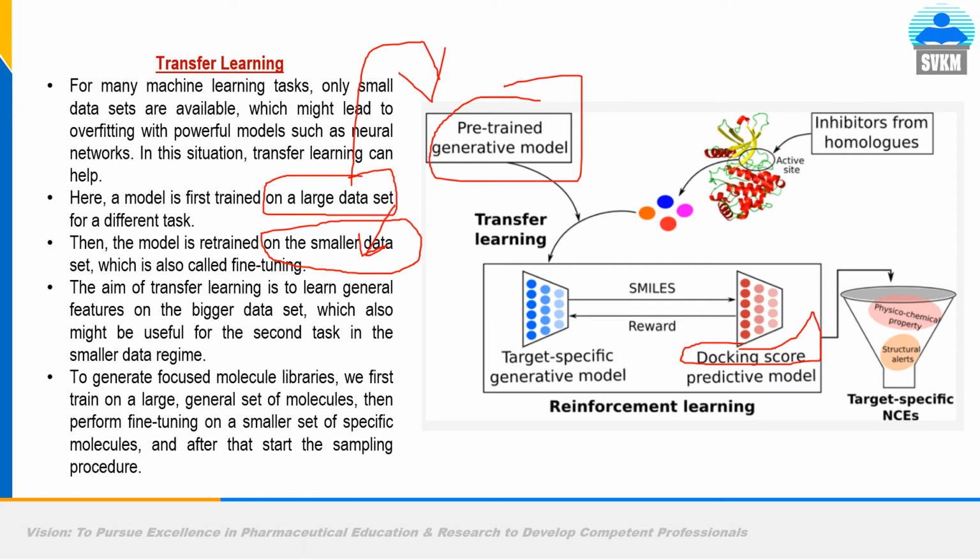Then if the docking score is not proper, you will not give reward to the machine learning model. So this cycle of punishing and rewarding goes on continuously until your model learns to identify and generate drug-like molecules. This process is further fine tuned based on various structural alerts like physicochemical properties and other parameters.